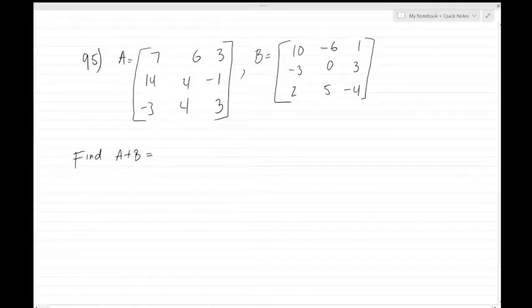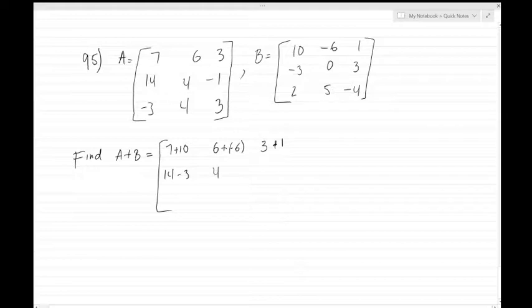Again, addition and subtraction of matrices can only be done by matrices that have the same order or the same dimensions. Okay, so let's go ahead and begin. 7 plus 10, 6 plus -6, 3 plus 1, 14 plus -3, 4 plus 0, -1 plus 3, -3 plus 2, 4 plus 5, and 3 plus -4.